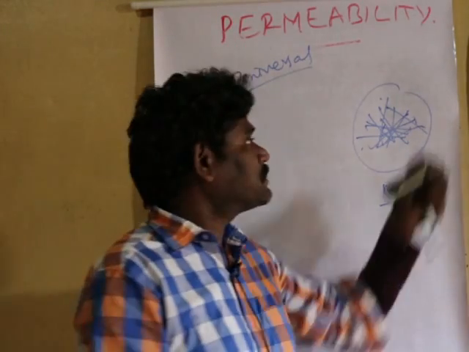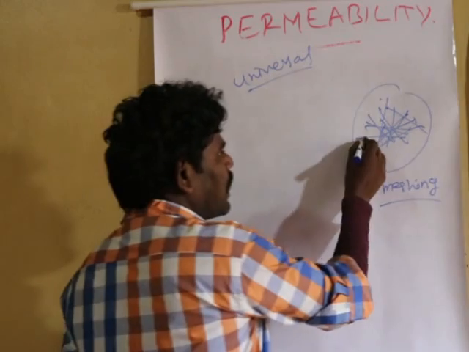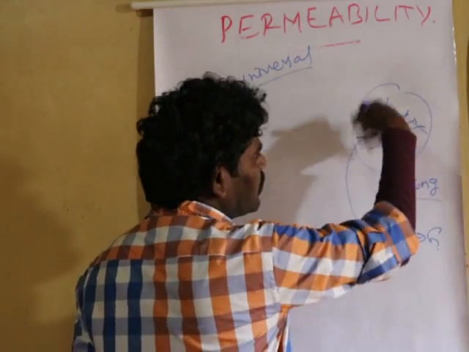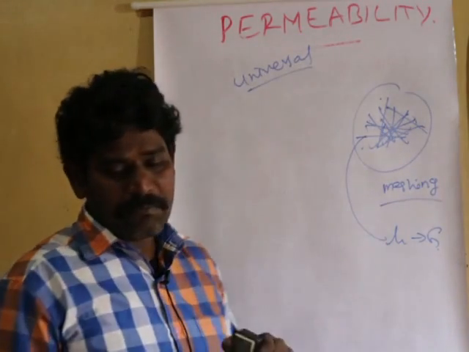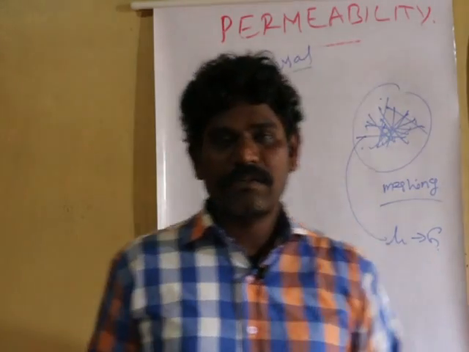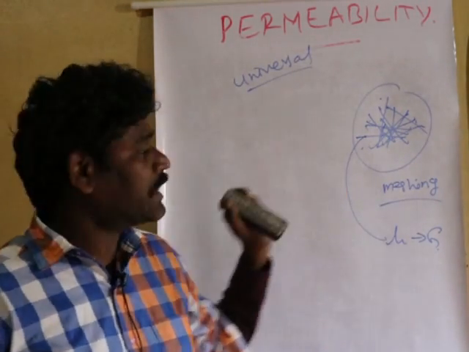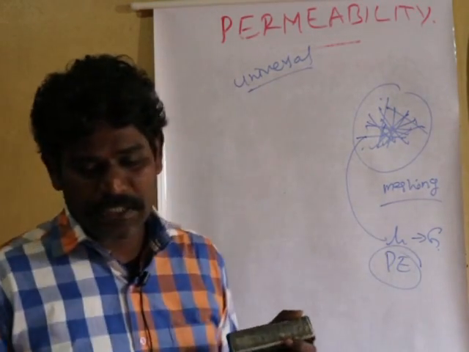The whole system in this universe has been meshed, and they are already bonded. This bond we call permeability, we call it G, and it is already bonded with each other. So that is like a potential energy, and it is already present in this case.